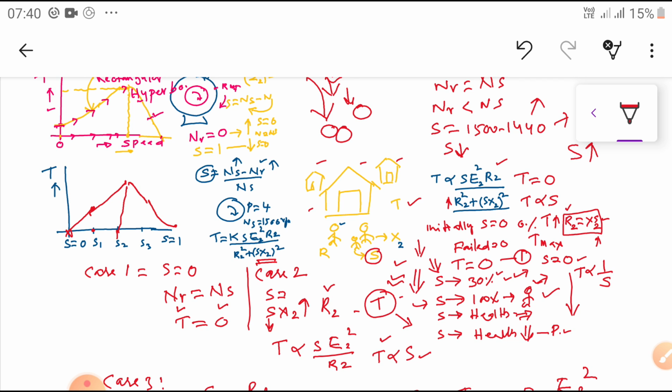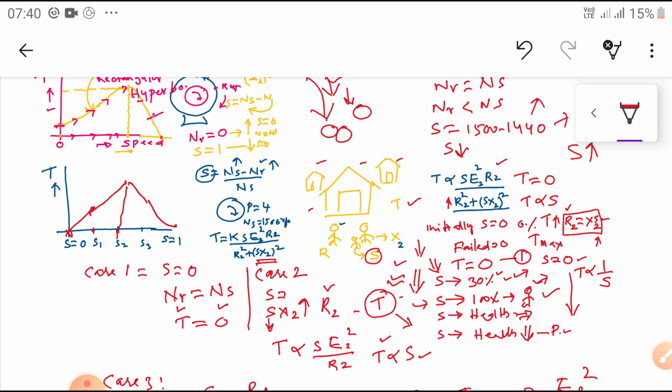In the second case, when S is very small, some load is added on the rotor, due to it the rotor retards, there is a relative speed between the synchronous speed and our rotor conductors, but the slip is a very small value, so neglecting the component with R square.